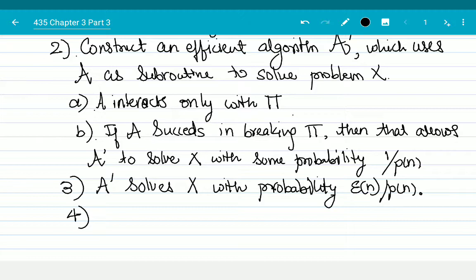So if epsilon is not negligible, this entire probability is not negligible, which would contradict our initial assumption that X is an NP-hard problem.